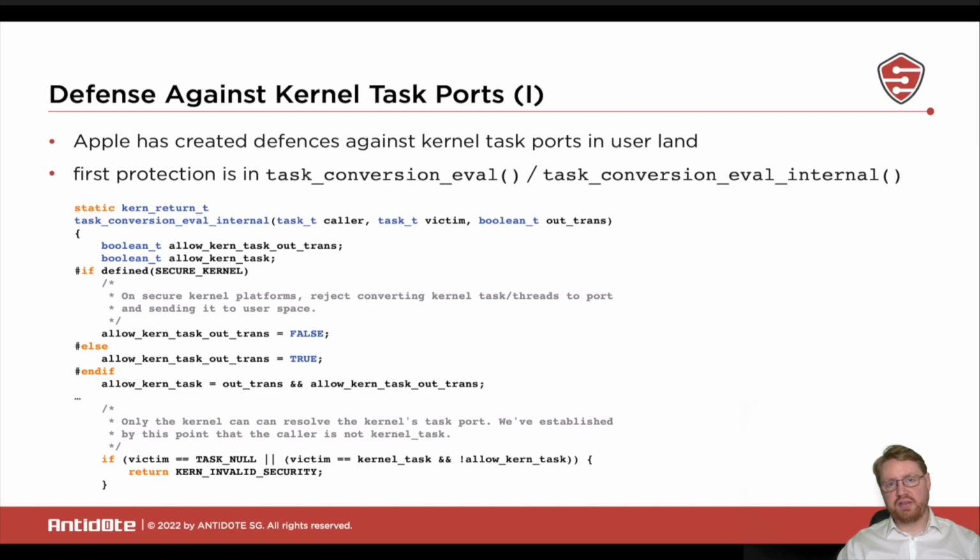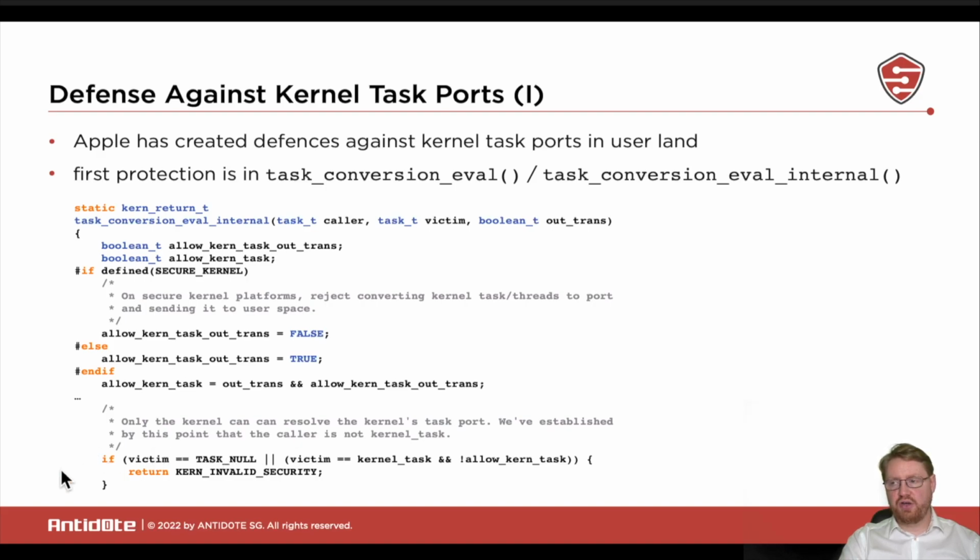So one thing that they did is they built a new protection into the task conversion eval internal function. Basically what you see here is that when there's a secure kernel, then you can never transport out the kernel task port. If you are not on a secure kernel, then you can theoretically, but you can only get access to the kernel task port if you are the kernel itself.